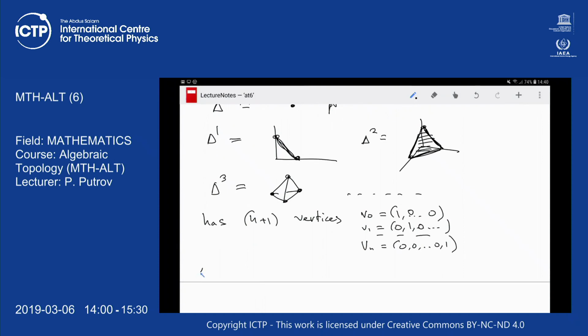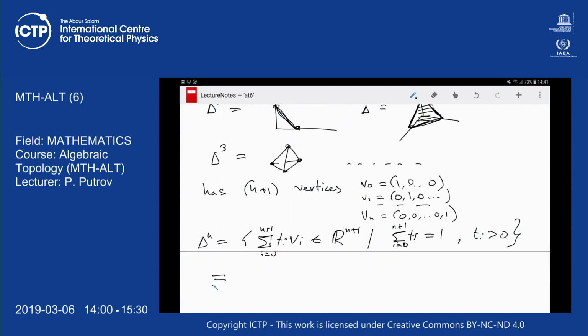In particular, delta n can be understood in terms of the vertices as a subspace in R^(n+1) given by linear combinations of the vertex vectors with coefficients satisfying, again, that their sum is 1 and they are all non-negative.